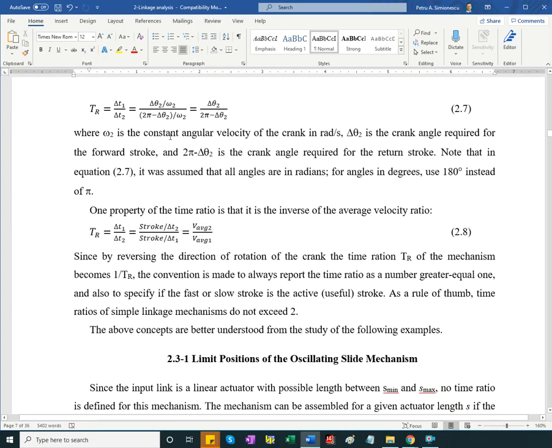Now, given the stroke for forward and return are the same, we recognize time ratio is also the ratio of the average velocities. Okay, so remember this for your assignments. There's a Working Model tutorial number 4. You need to calculate time ratio of a slider output mechanism. I want to see time ratio reported as a number that is greater than 1.